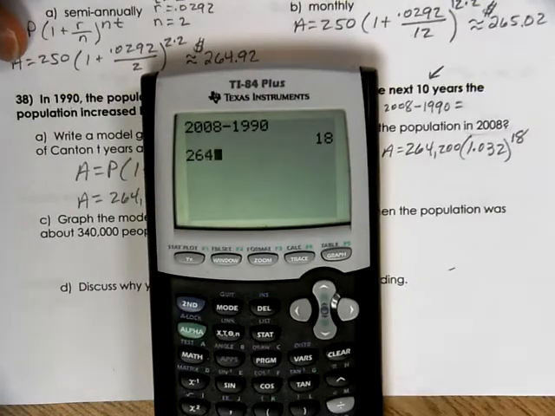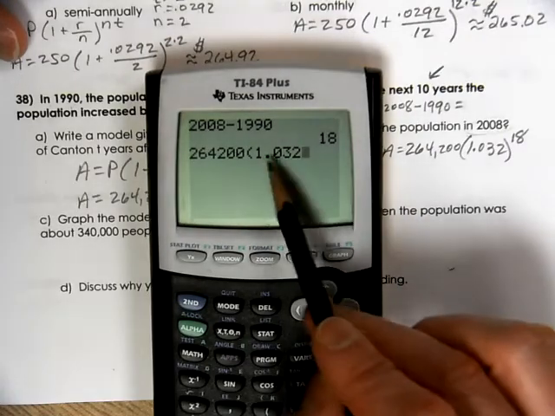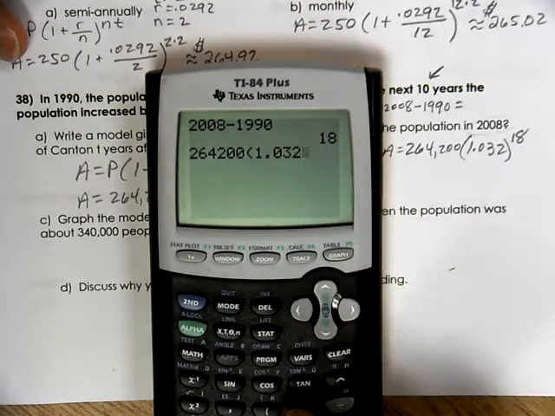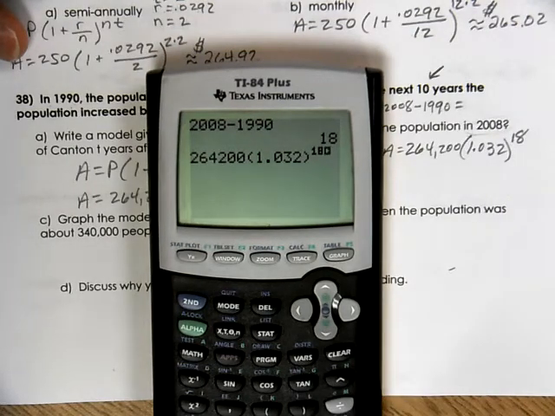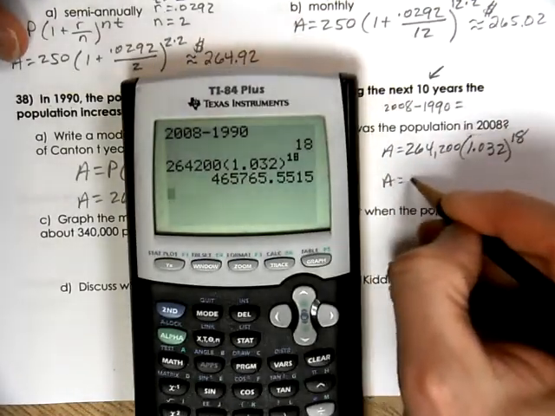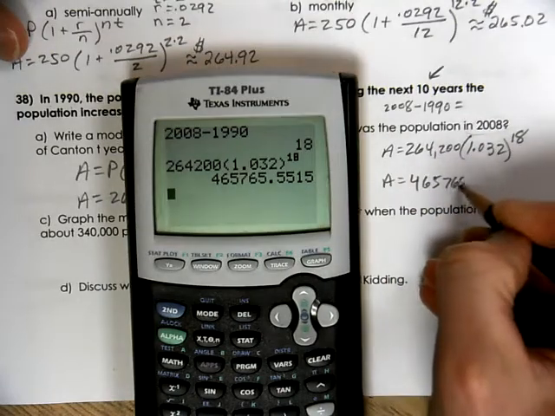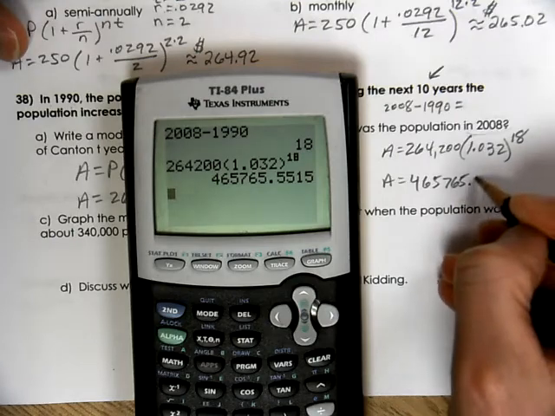Now we say 264,200 times 1.032 to the 18th, because we're going to do this for 18 years. So 18 years later, this has grown to 465,765 and some partial people.